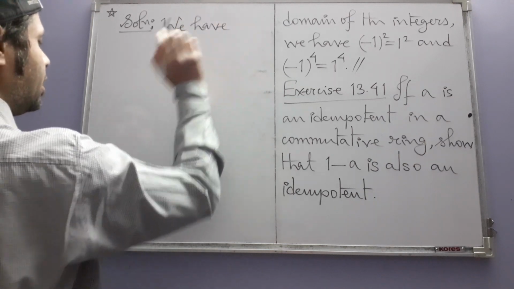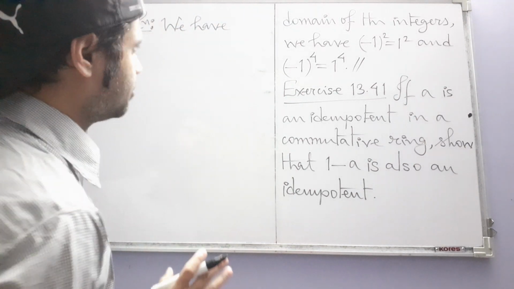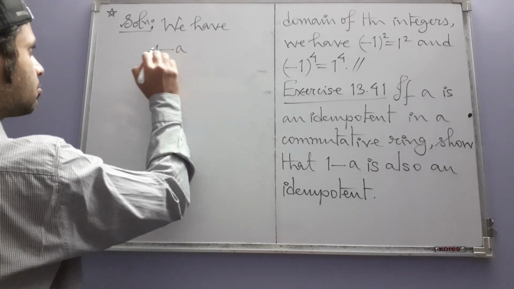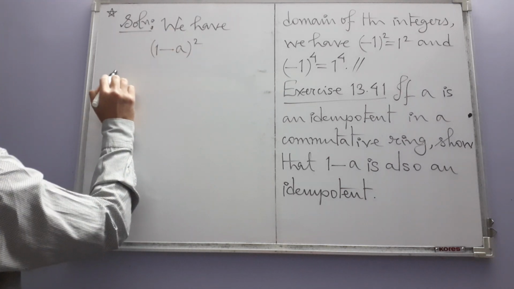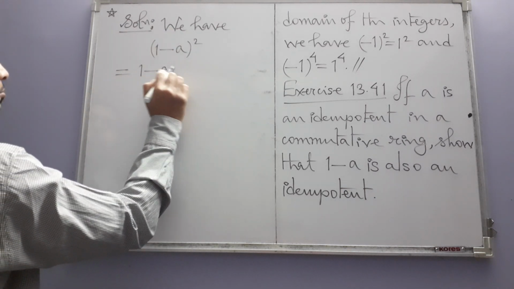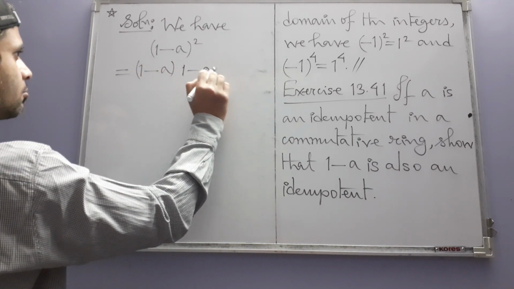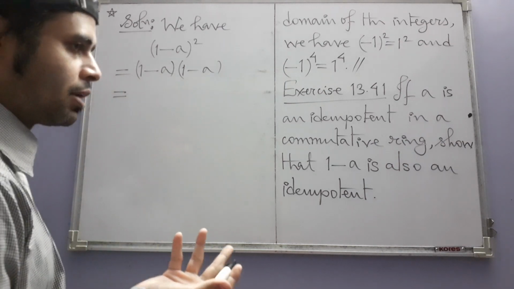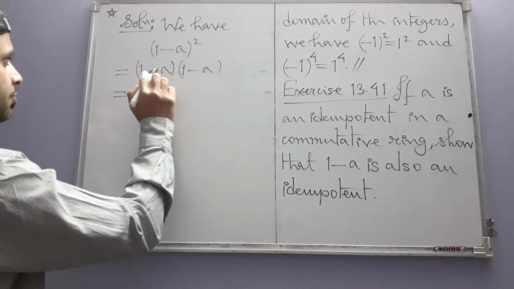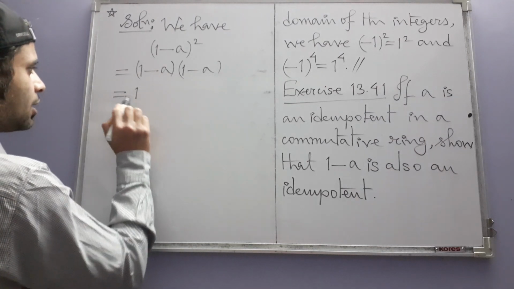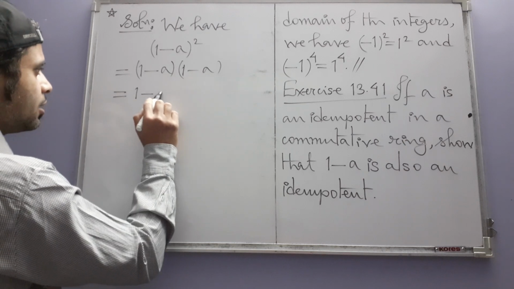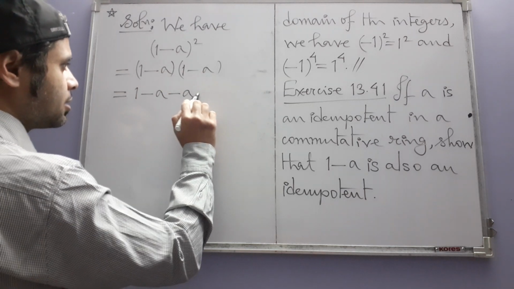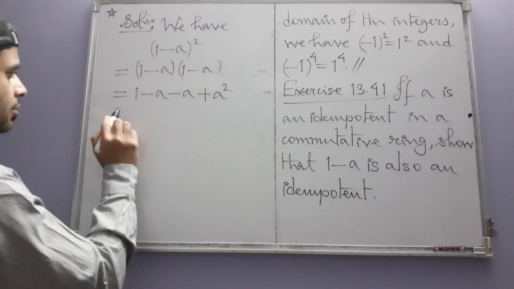So we need to prove that 1 minus A is also an idempotent. That means we have to calculate its square. Using both the distributive laws, we can multiply the terms out like what we normally do with real numbers. So 1 times 1 is 1, minus 1 times A is minus A, minus A times 1 is again minus A, and minus A times minus A is plus A square.